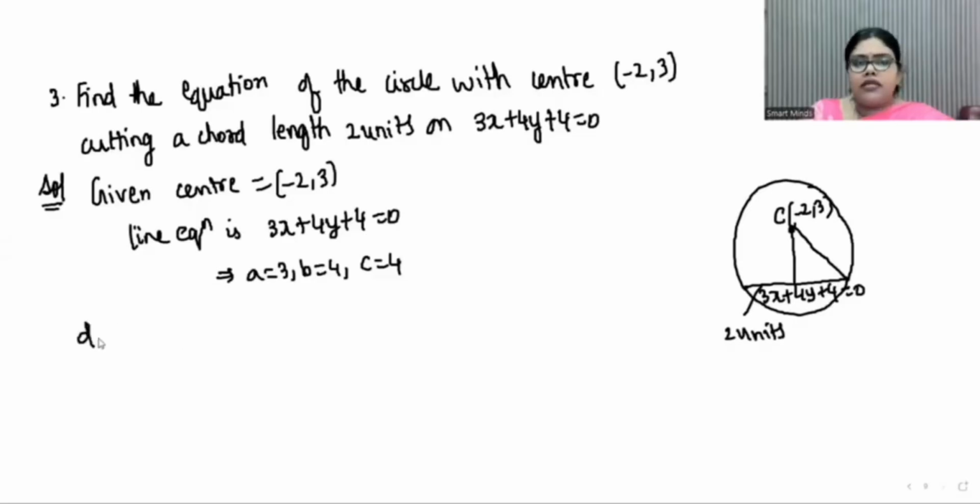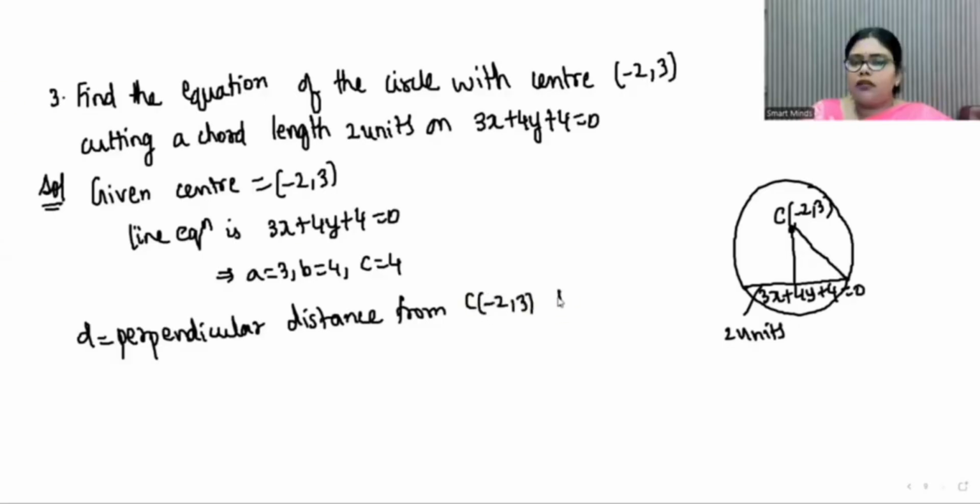So what is D? D is perpendicular distance from center minus 2, 3 to the line 3x plus 4y plus 4 is 0.